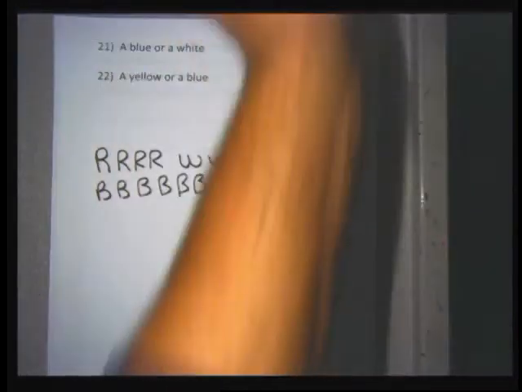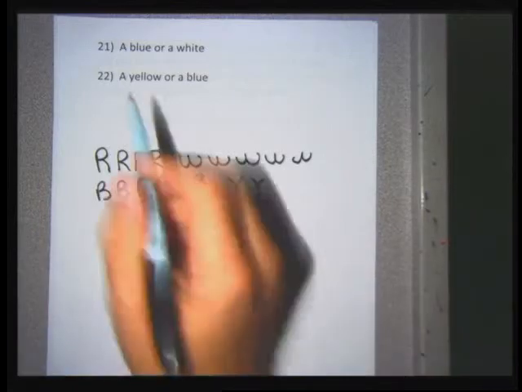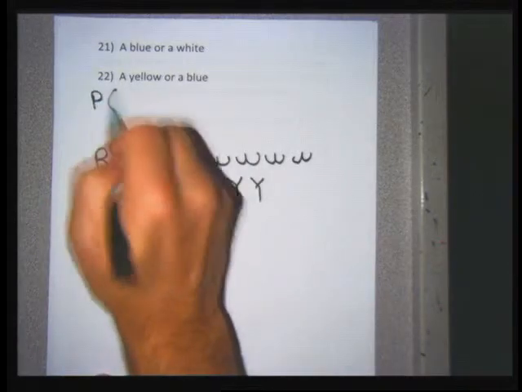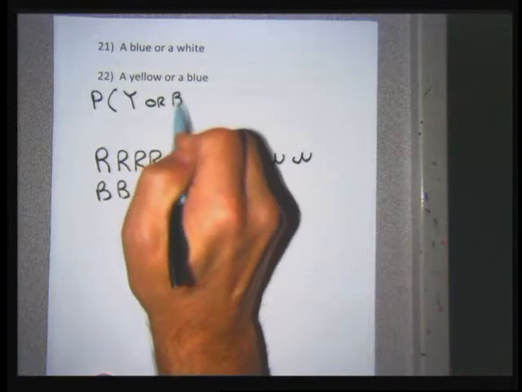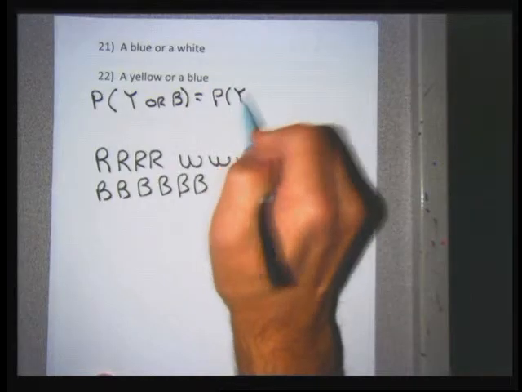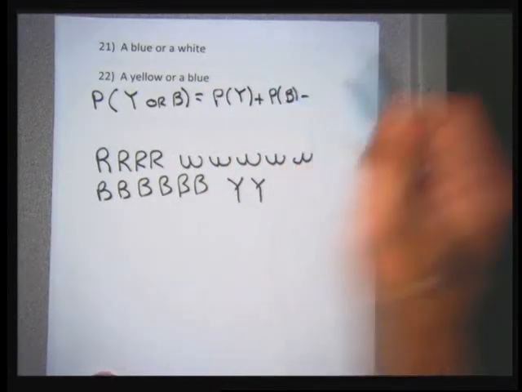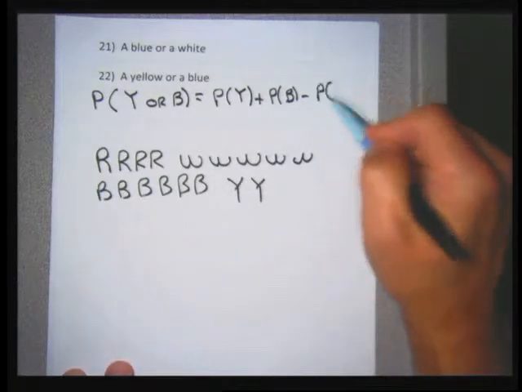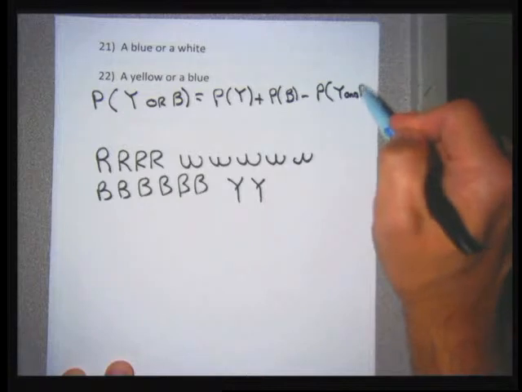It's an OR problem because I'm only picking one marble, and it's an OR right in the problem. So the probability of getting a yellow or a blue equals the probability of getting a yellow plus the probability of getting a blue less the probability of getting a marble that's both yellow and blue.